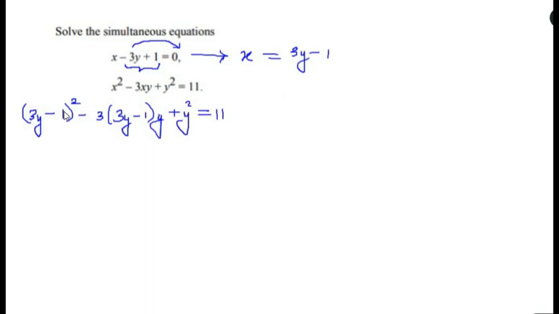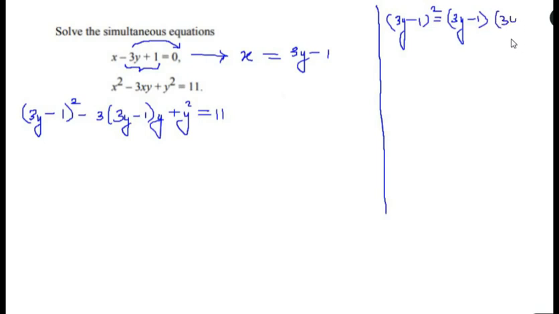Now 3y minus 1 the whole squared we can solve by expansion as 3y minus 1 multiplied with 3y minus 1.